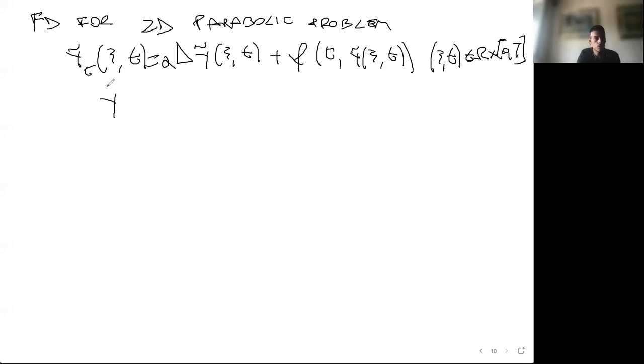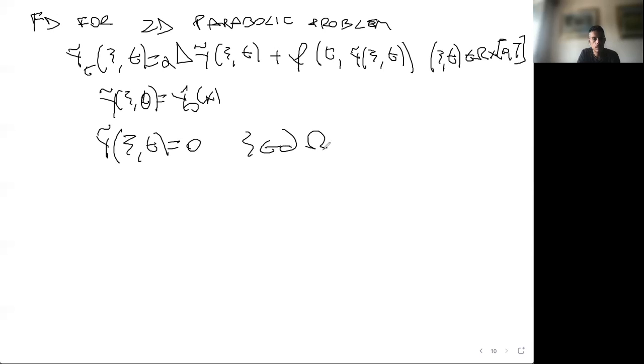Then we have an initial condition y tilde(ξ, 0) equal to y0(ξ), and at the border, we have that y(ξ, t) is equal to 0, for ξ in the border of omega.